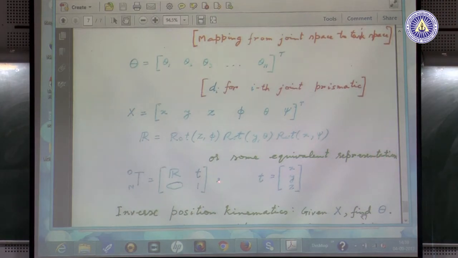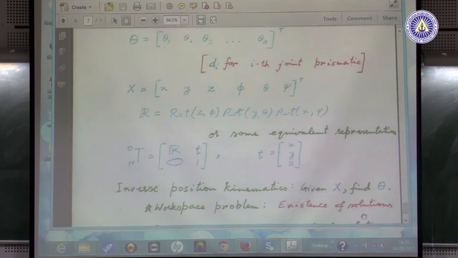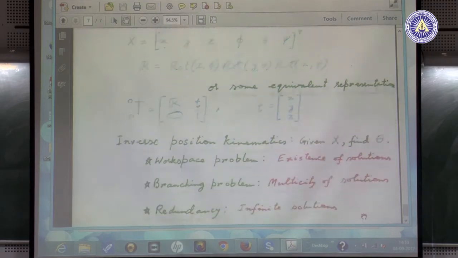From this information you can find R, which is given like this, and t is the xyz position, and inverse kinematics is how to find the theta 1, theta 2, theta 3 etcetera.